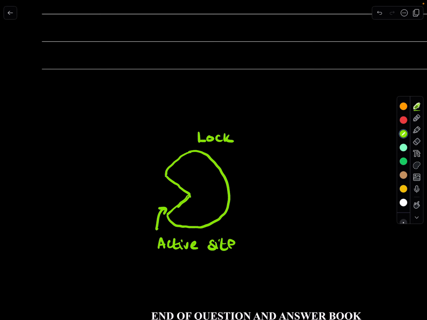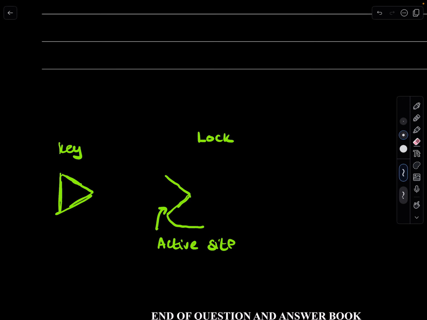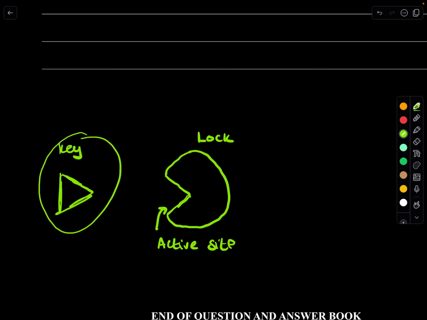And say then you have your key, which we call our substrate. That's what the lock and key model is. Basically, your lock is very specific to that key or that substrate. And so it models how enzymes have high specificity for their substrates.